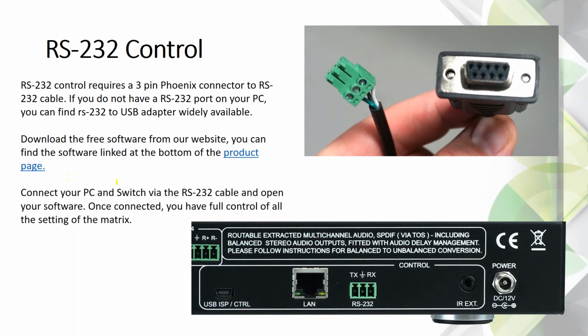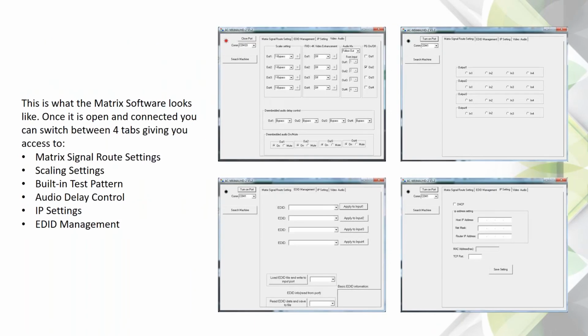If you're using 232, you can use a terminal program if you want, but we have a software program that you can download from our site, and you can run it, and I've got some screenshots coming up on how the 232 program works.